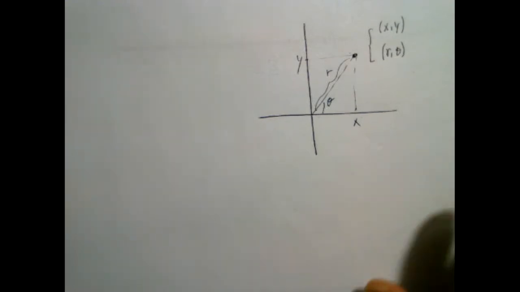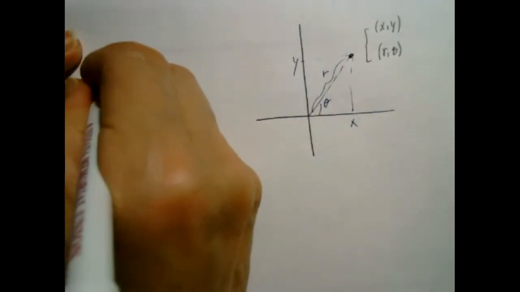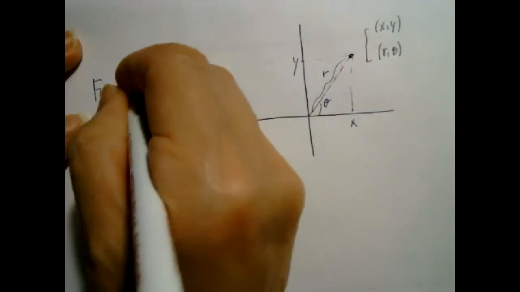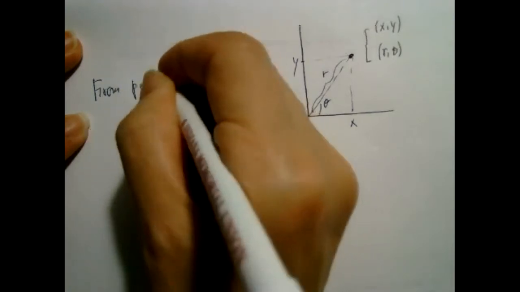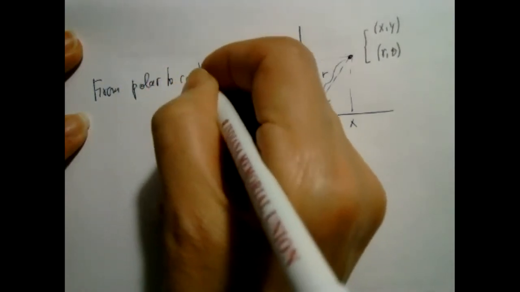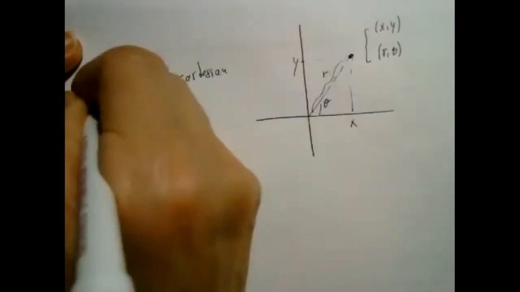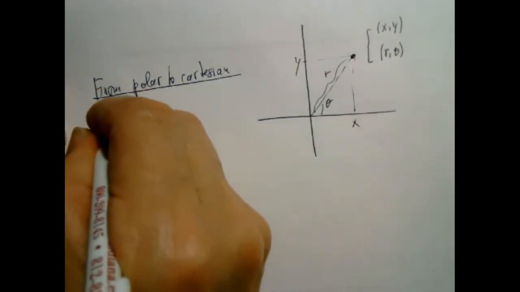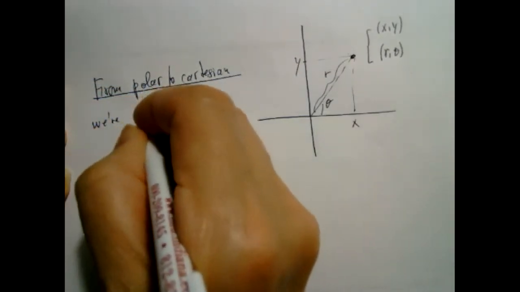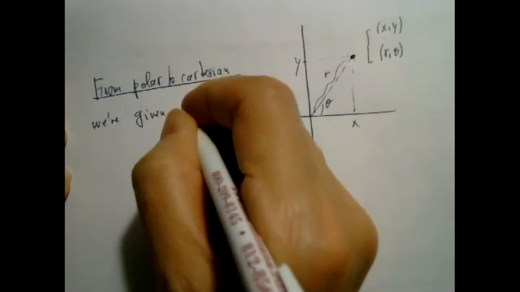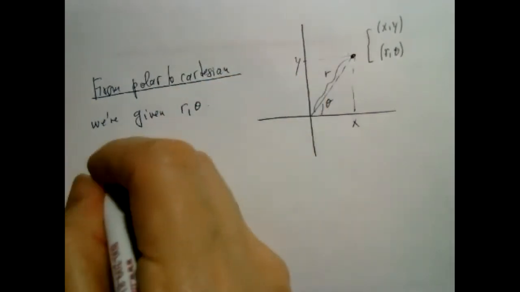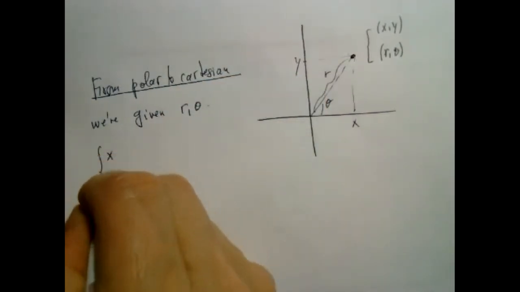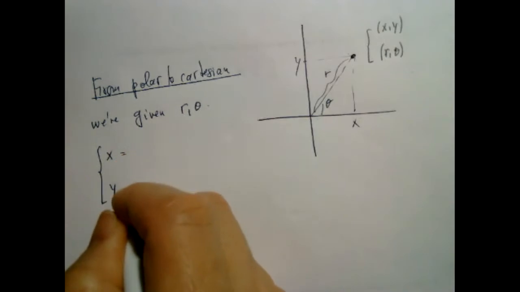So part 2, from polar to Cartesian. Basically, suppose we are given (r, theta). And the question is, what is the x? What is the y in terms of r and theta?